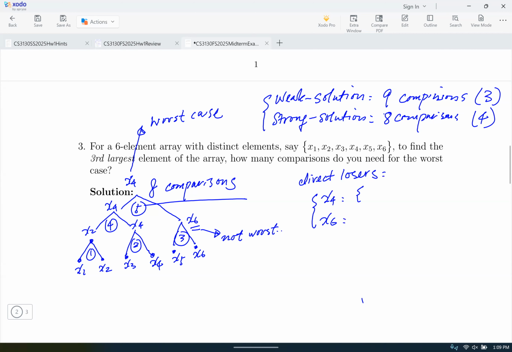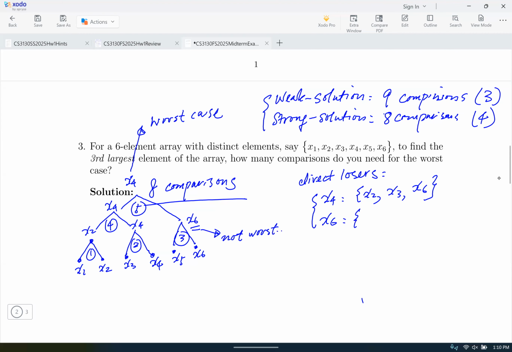What are the direct losers of X4? X4 beats X3, beats X2. X4 beats X2 directly. X4 beats X3 directly. X4 also beat X6 directly. So there are 3 elements as direct losers to X4.